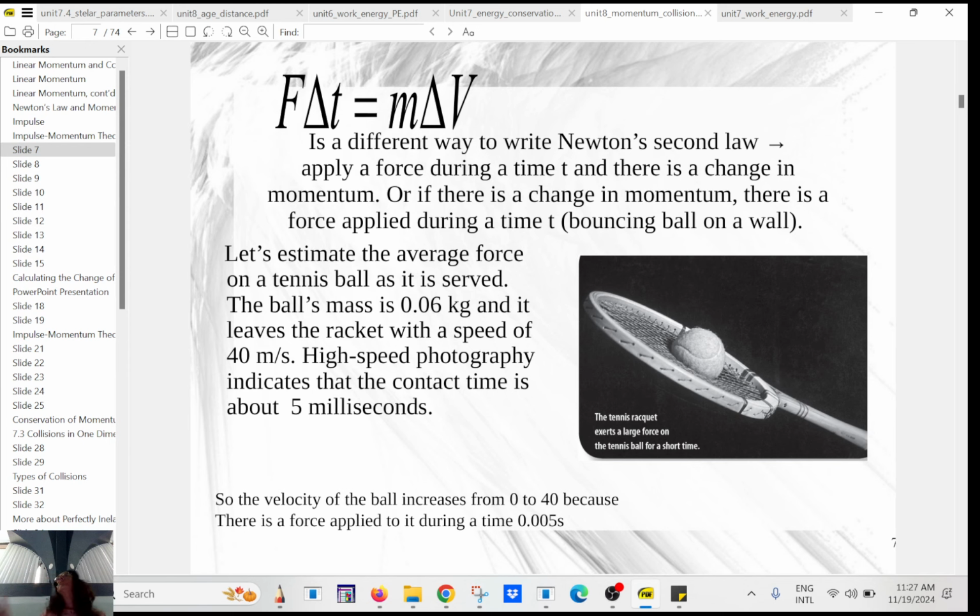So the force you cannot change, but you want the tennis ball to go as fast as you can, to make it harder for your partner. How can you do that? Do you just hit, or do you follow through when you hit the tennis ball?